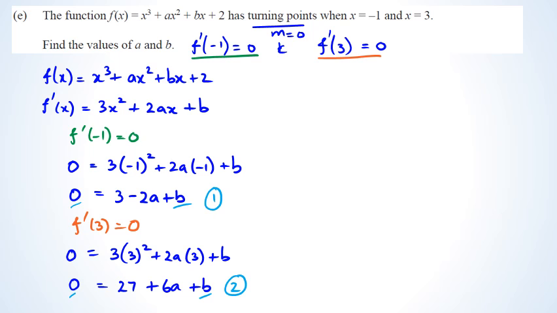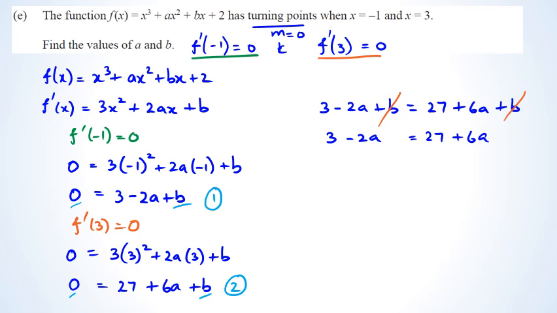What it will look like is: 3 minus 2a plus b equals 0. And remember, the second equation equals 0 as well, so I can write that as 27 plus 6a plus b. The reason I can do this is that both equations have a single b, which means I can just eliminate both of the b's, and I'm left with a nice simple linear equation where I've got 3 minus 2a equals 27 plus 6a.